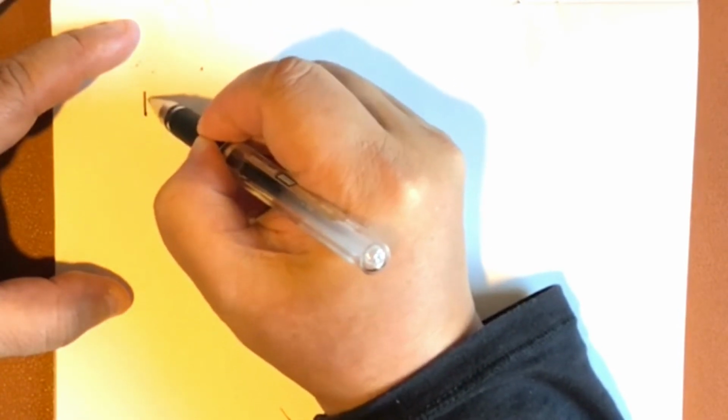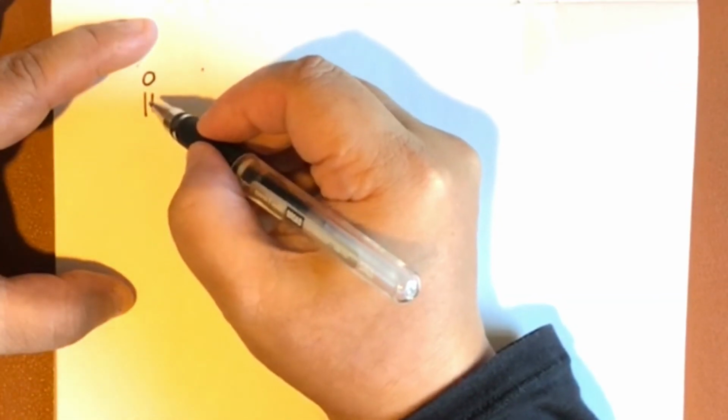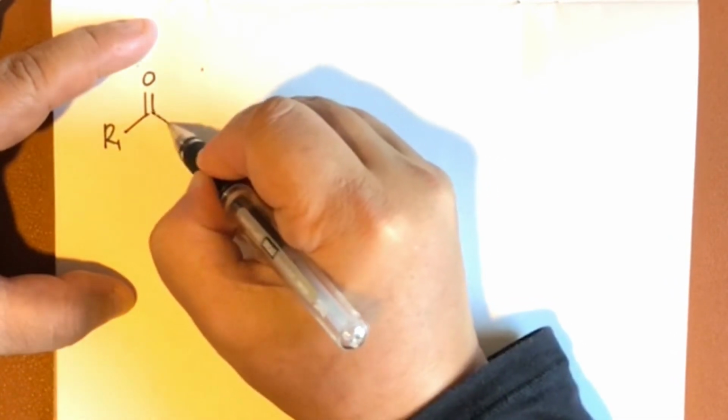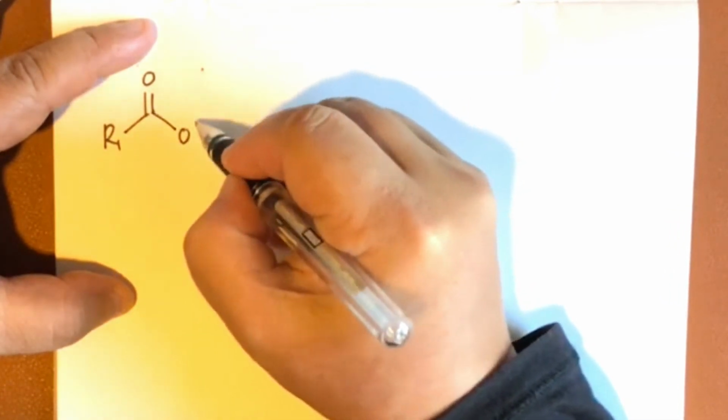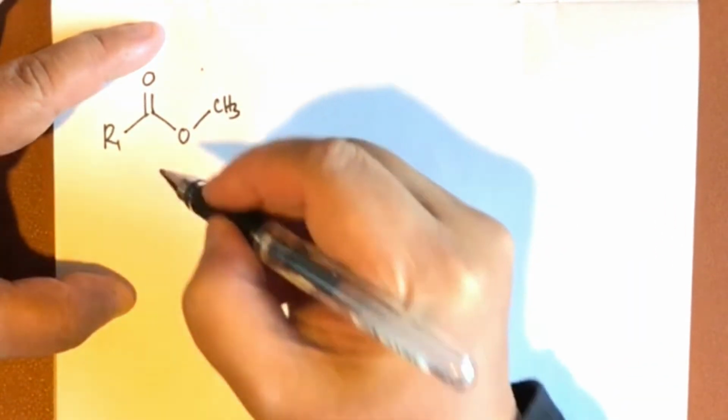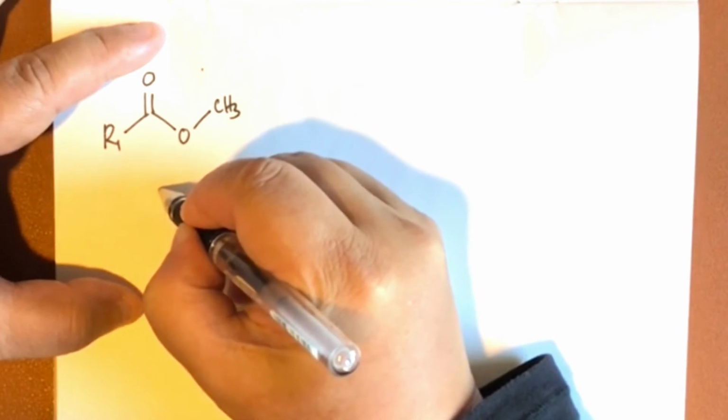Okay, now I'm not going to do any more colors. I think you are very familiar with the concept now. So I'm going to just put R1. Here is the ester, CH3. So we have here the OH.